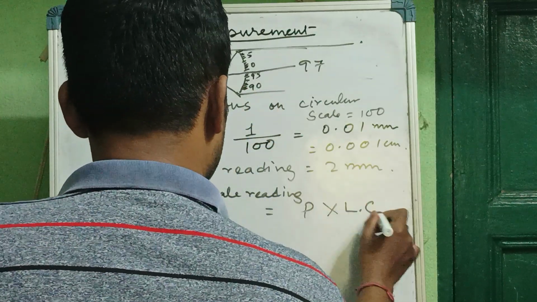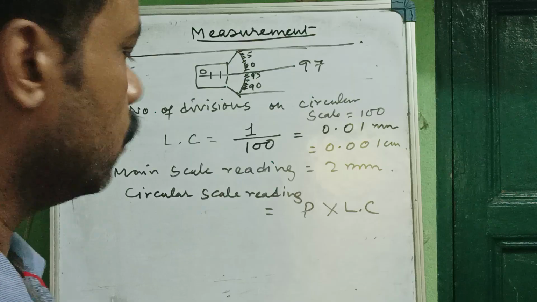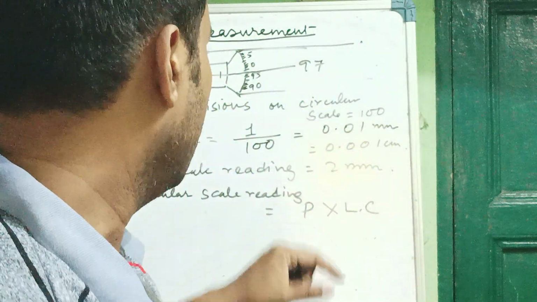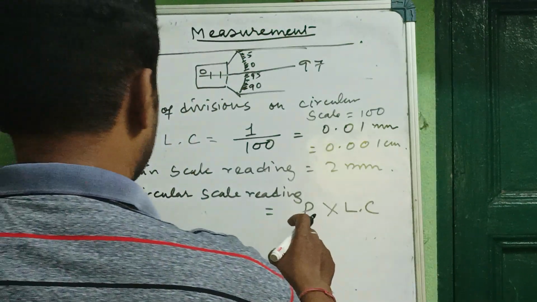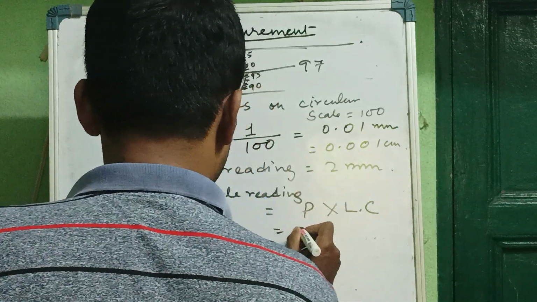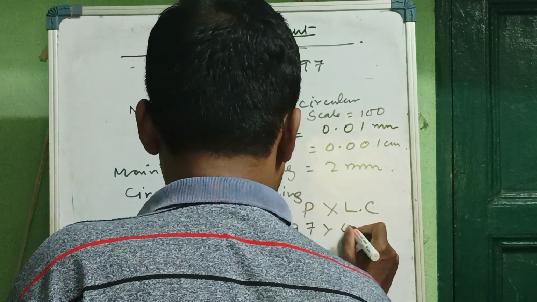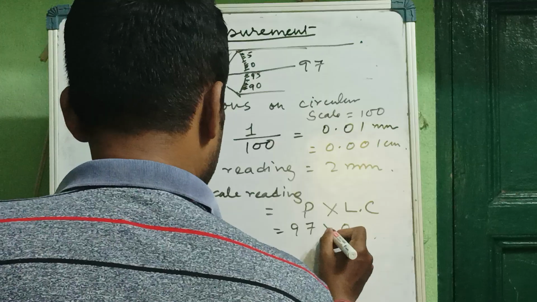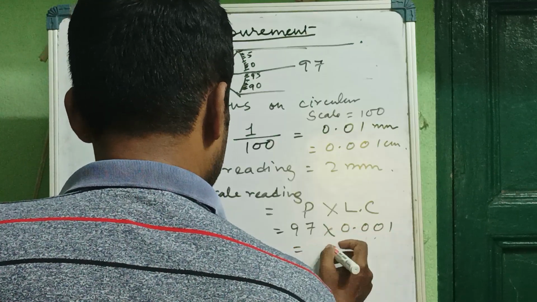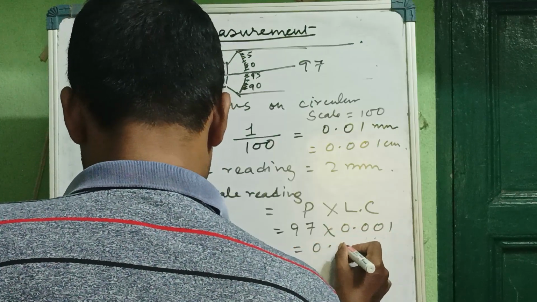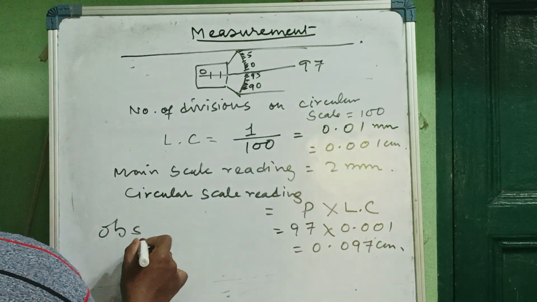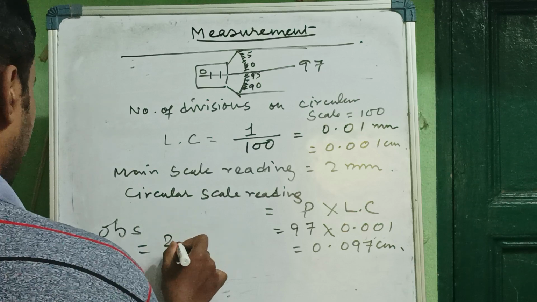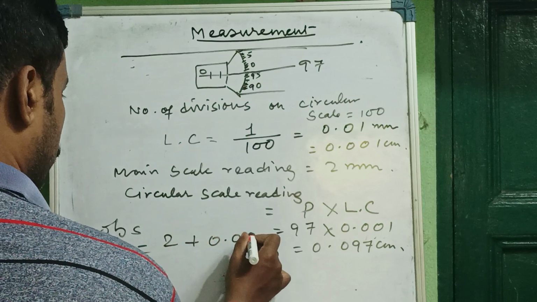P into least count. In the case of the vernier scale, the division coinciding with the main scale is multiplied with the least count. Here also P into LC, that is 97 into 0.001 centimeter, that is 0.097 centimeter. So the observed reading is the main scale reading 2 millimeter plus 0.097.